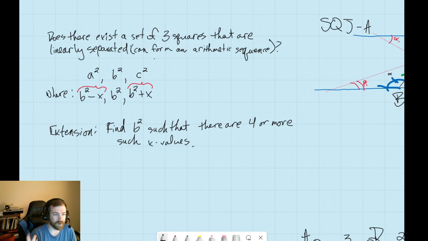So 4 or more sets of 3 squares, all of which are centered around b squared.